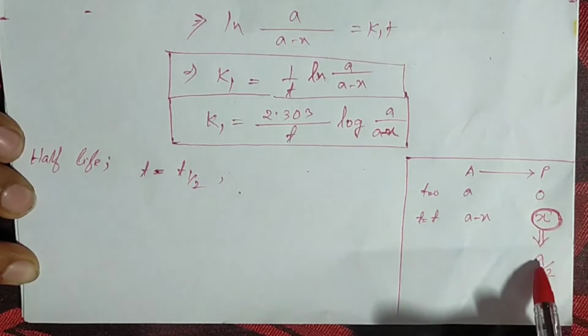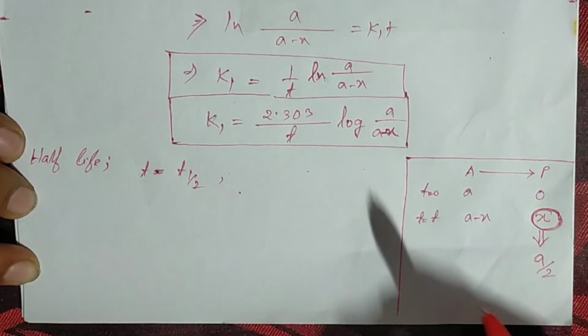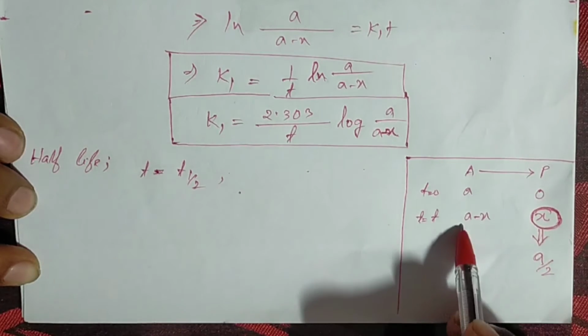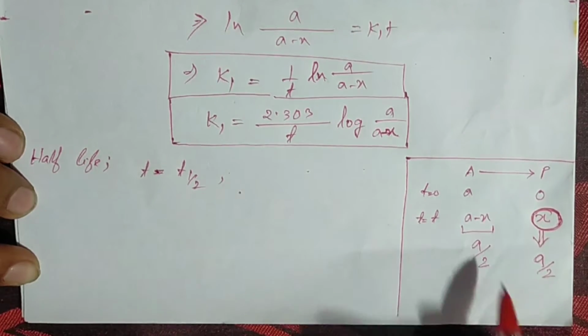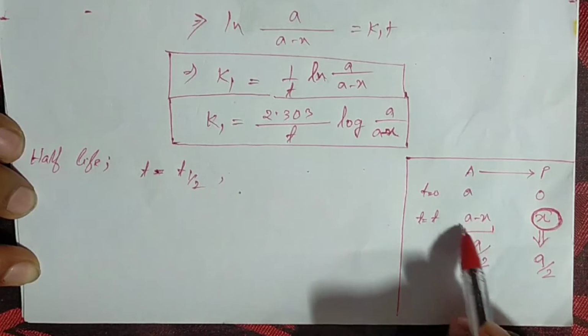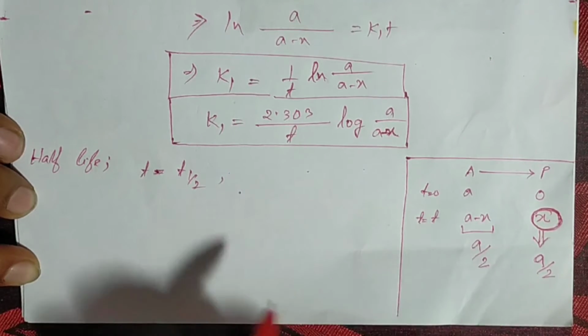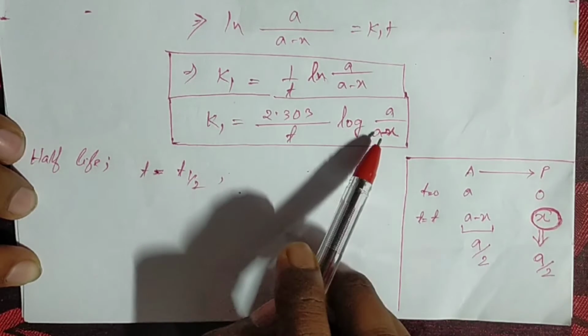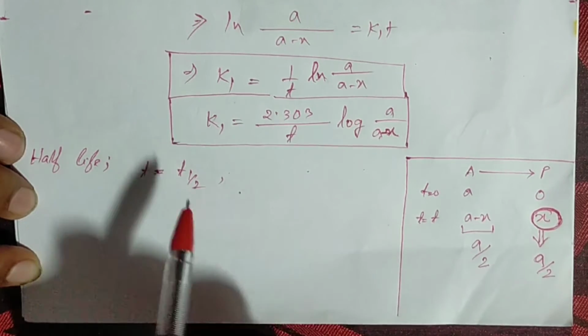So a minus x is equal to a by 2, and we can put this a by 2 in place of a minus x.